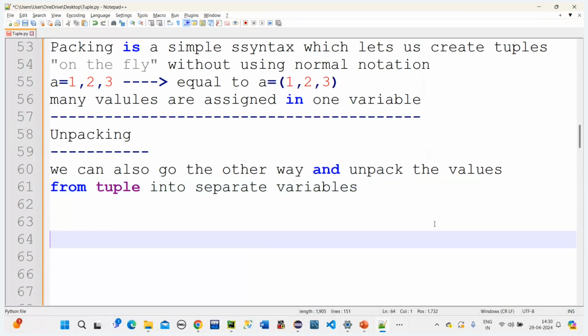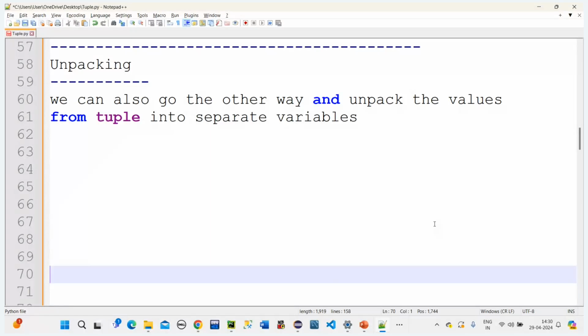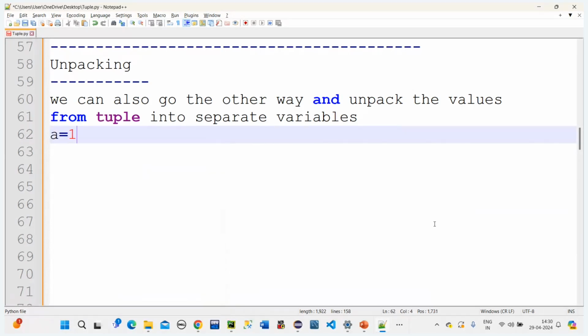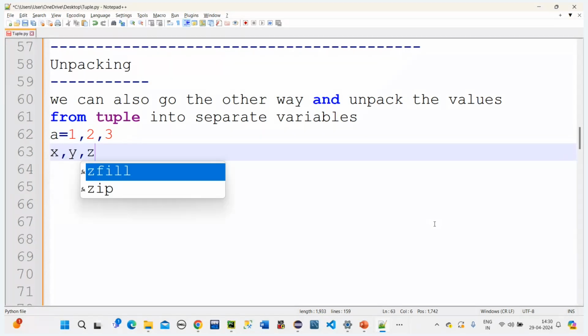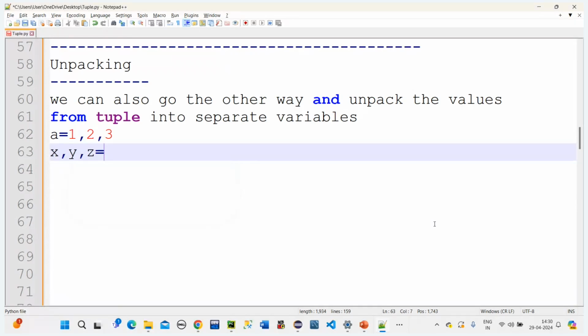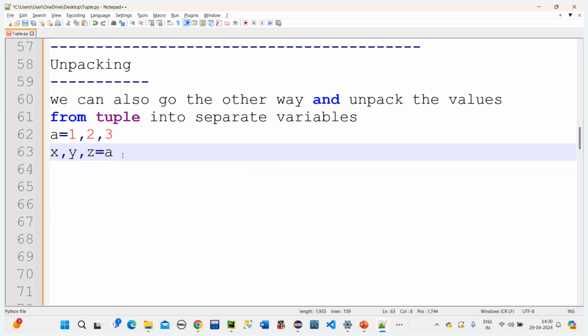Unpacking means, we already know it's a common general word, pack and unpack. So we are taking values one by one. See here, a is equal to 1, 2, 3. This is where packing is done. Now I want to unpack. Now x, y, z is equal to a. So what is the meaning of this?